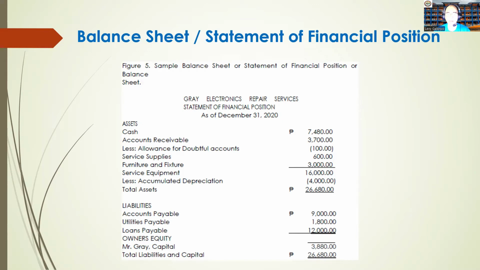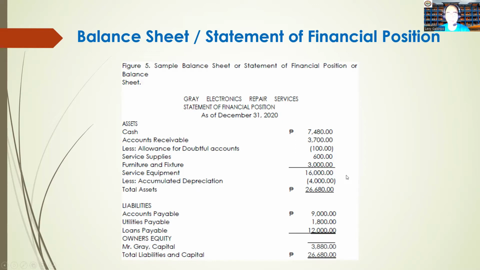So, tandaan natin yung accounting equation natin na assets is equals to liabilities plus owner's equity. So, yung total ng assets dapat ay pareho din sa total ng liabilities at owner's equity, which is, in this case, 26,680. So, balanse sila.